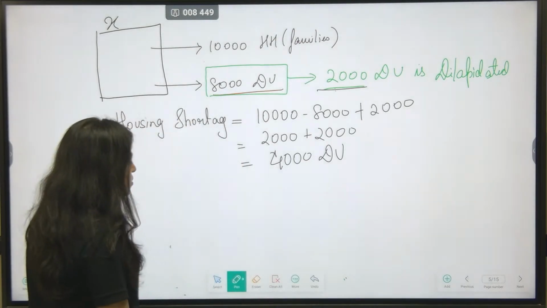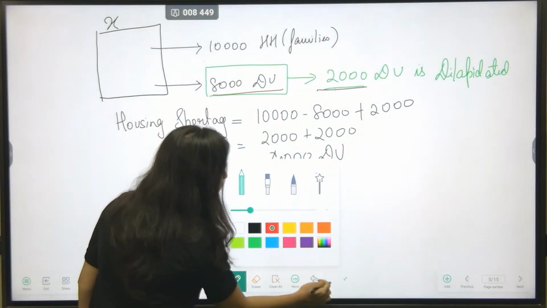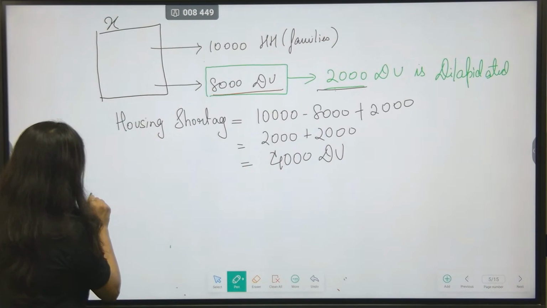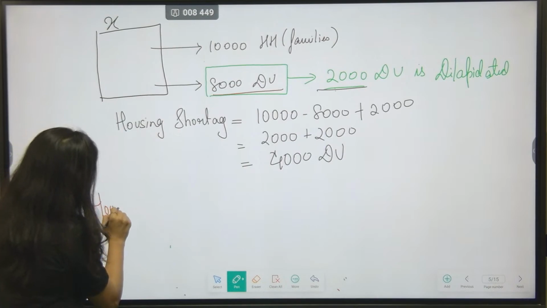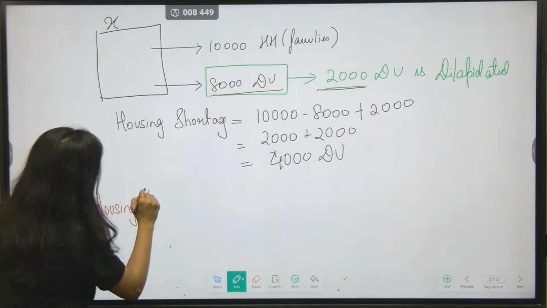Based on this we can form the formula of housing shortage. What is the formula?